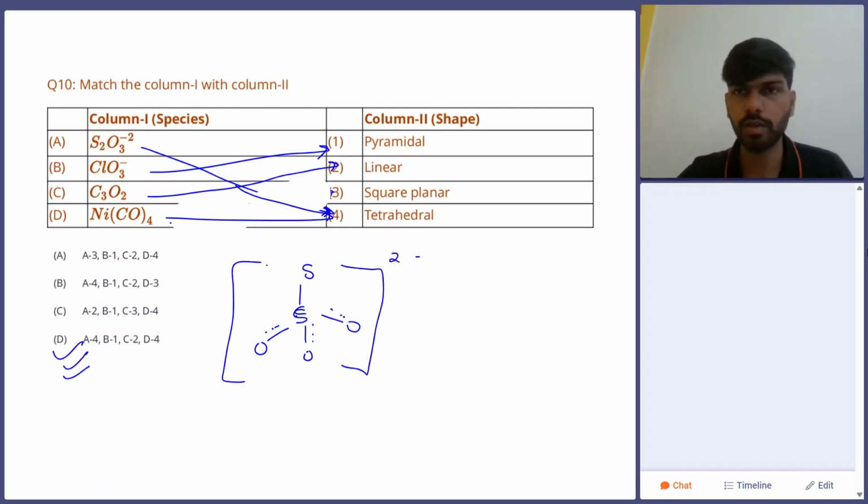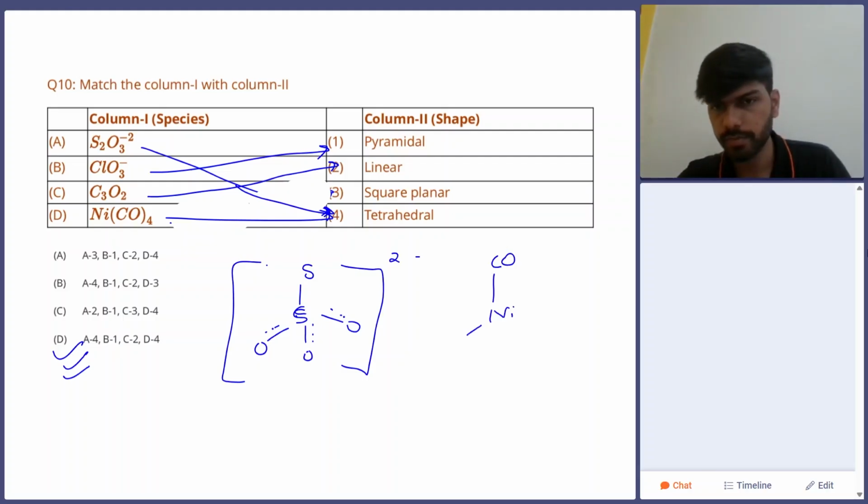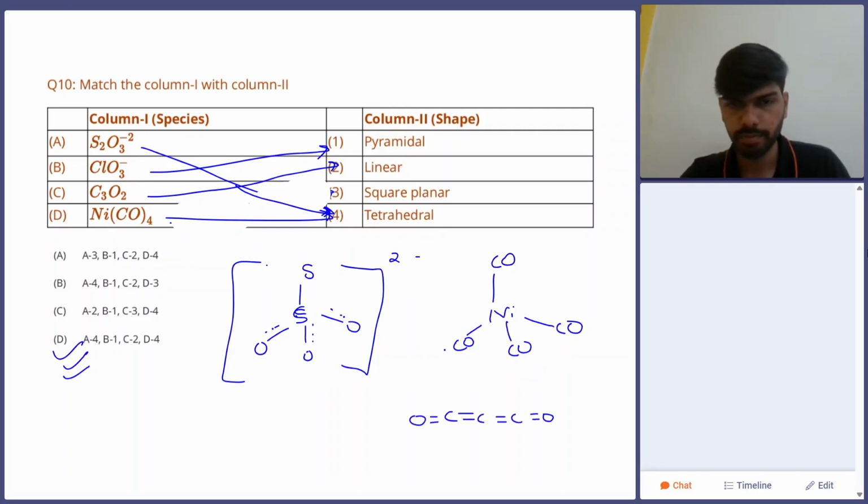Two minus, and then Ni(CO)4, that is tetrahedral. C3O2, and last is the ClO3 minus structure.